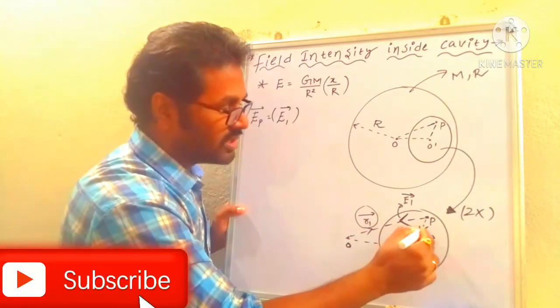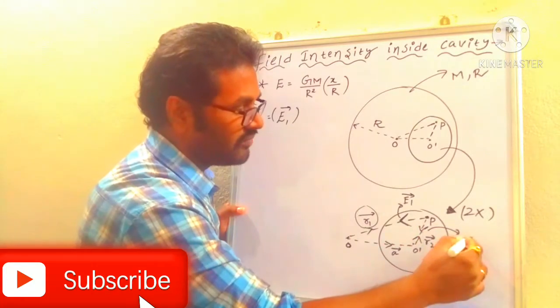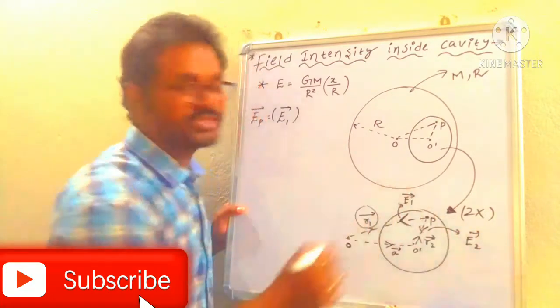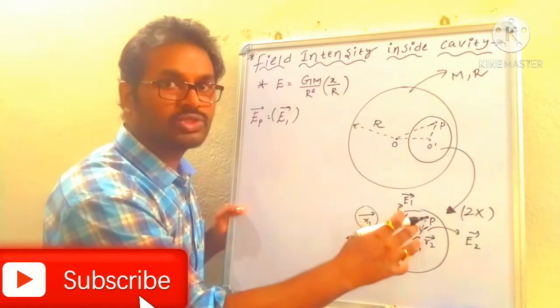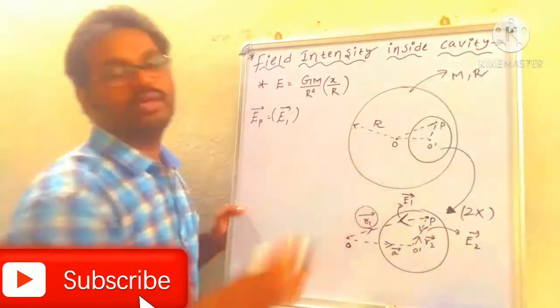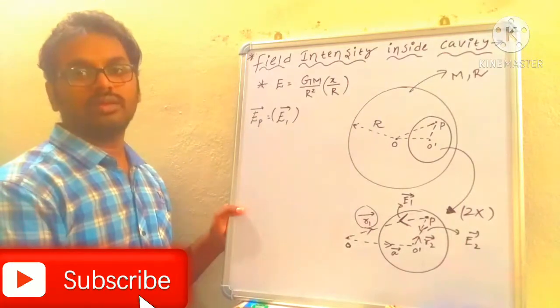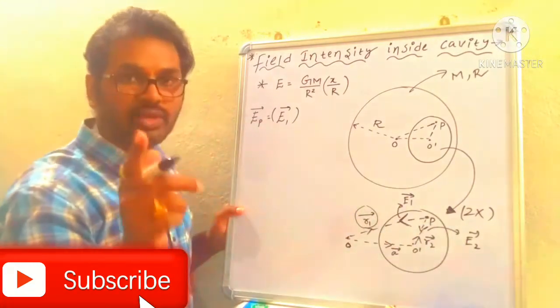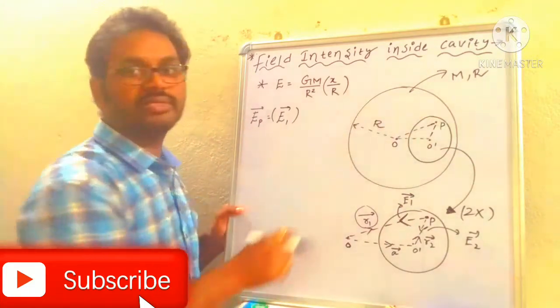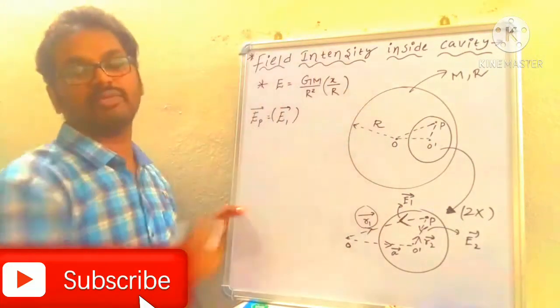There you can see this arrow indicates the field intensity at this point due to the mass which we are going to remove from this bigger sphere. So E1 bar minus E2 bar will give you the result, the field intensity due to the sphere having the cavity.